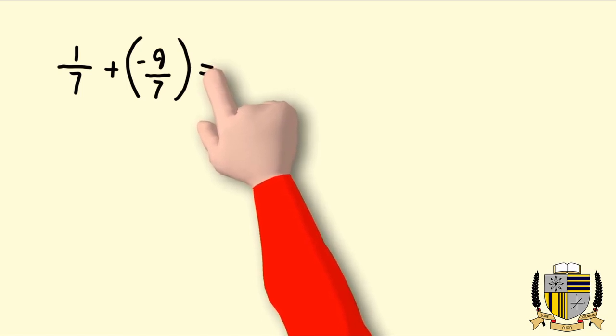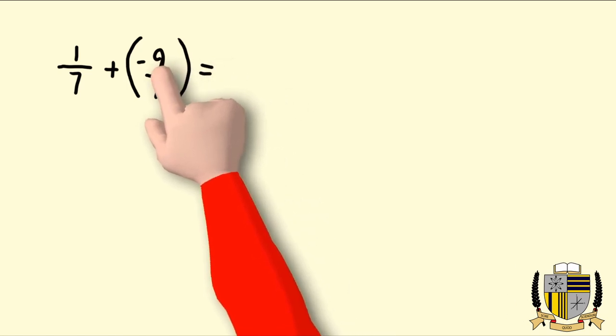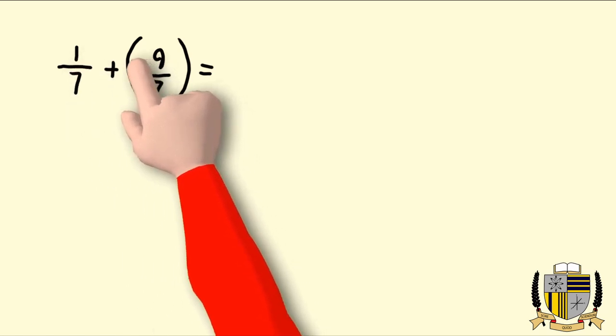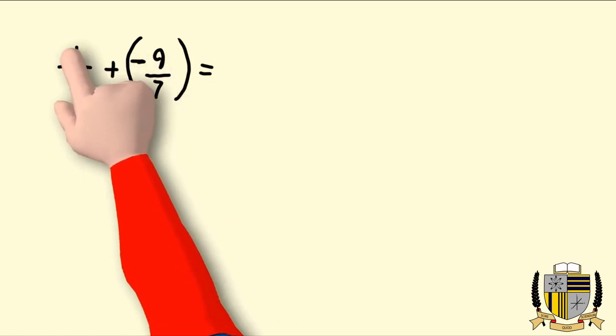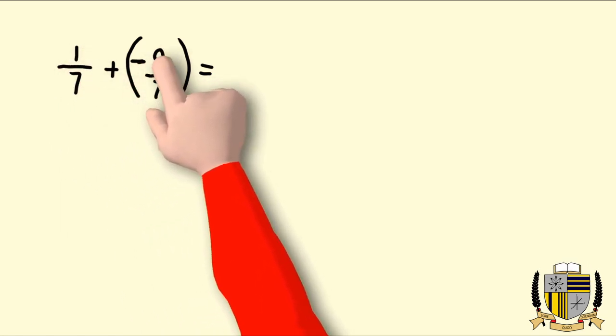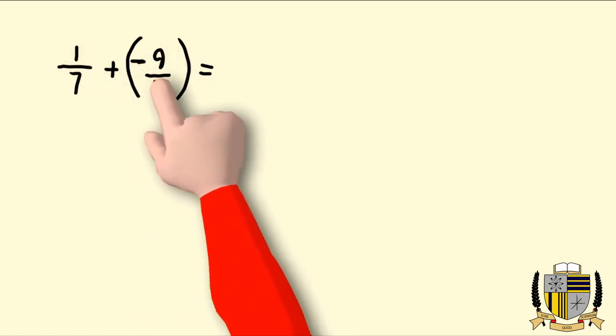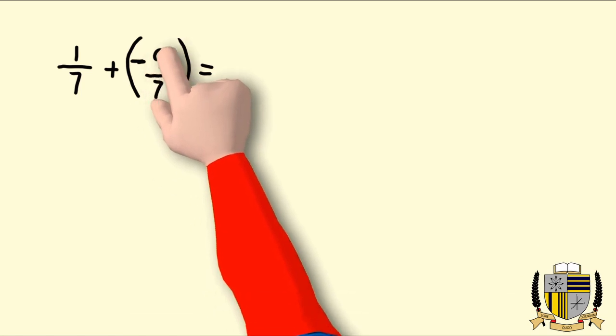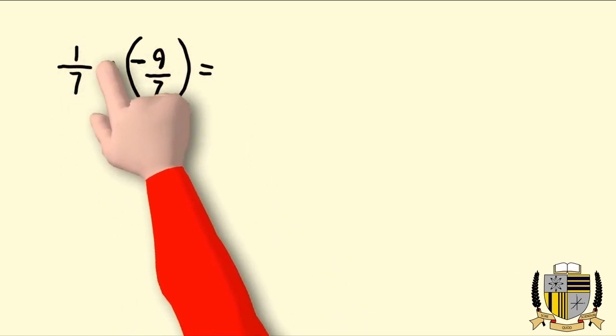And remember, when we're adding opposite signs, where this is a positive 1 over 7, and then this is a negative 9 over 7, this whole fraction is negative and this whole fraction is positive.